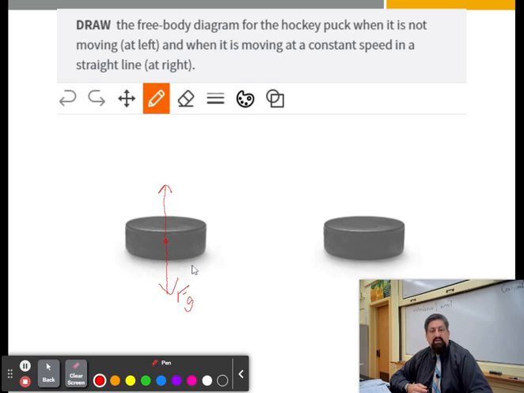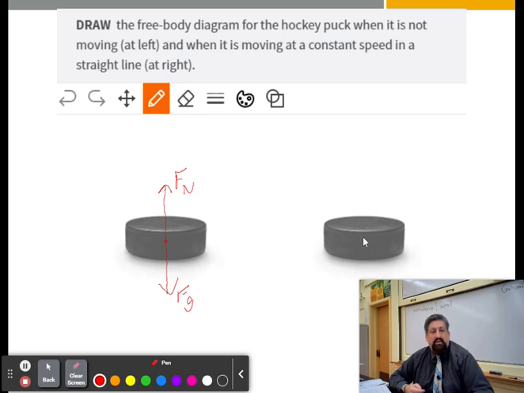And that force is perpendicular to the ice, and it's called the normal force. We saw this in the last exploration. The normal force is always perpendicular. And if the object is not accelerating, then that means that these forces have to be balanced. So the normal force is going to be equal and in the opposite direction of the force of gravity.